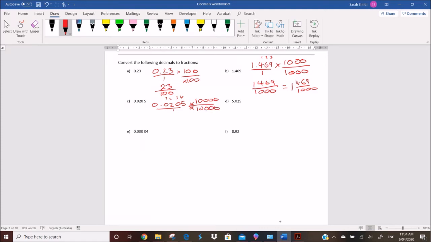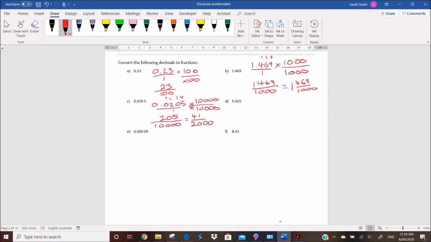So we will have 205 divided by 10,000. Now both the top and the bottom here are divisible by 5. So if we divide 205 by 5, we're going to get 41. And if we divide our bottom section by 5, we are going to get 2,000.